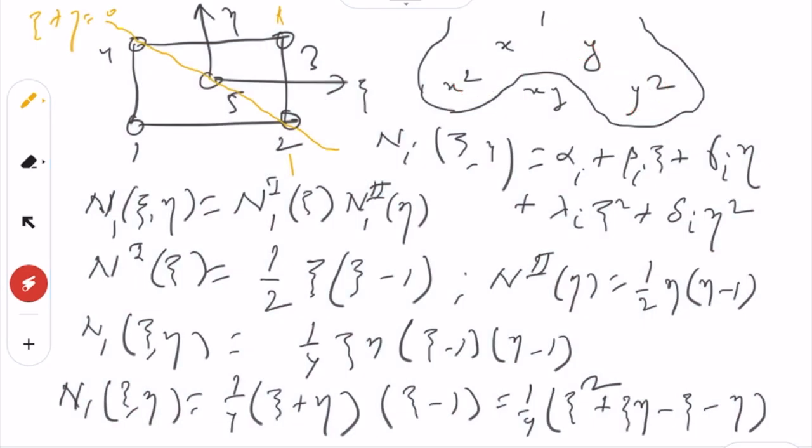For example, if you have 5, you know that as long as you are within this one, it's fine. So either you have xi square, eta square, or xi square, xi eta, or xi square, eta square, xi eta, but not all. You should have only 5 of them.